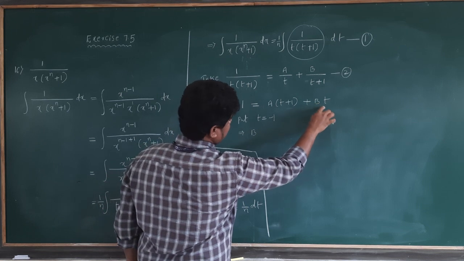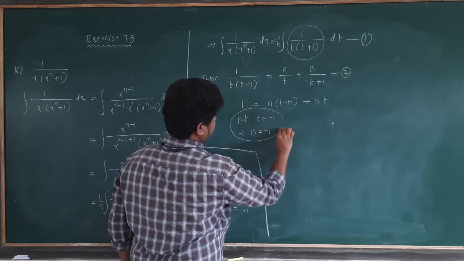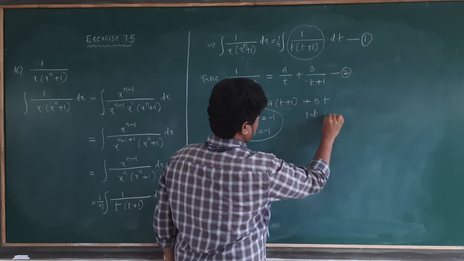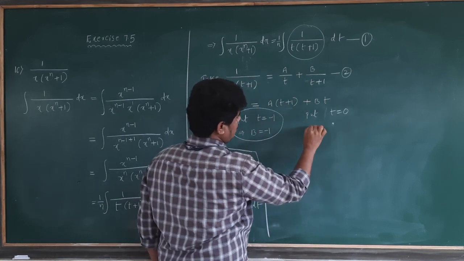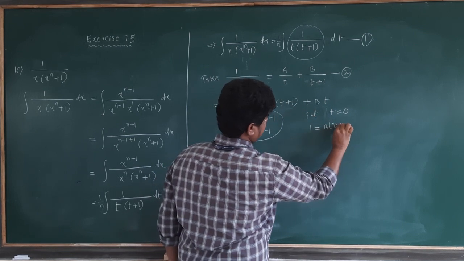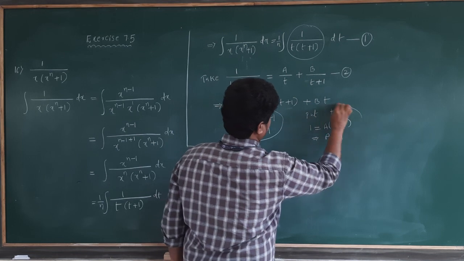B into minus 1, so B becomes minus 1. Next, put t equals 0. That time this one will become 0. So 1 equals A into 0 plus 1. Now A equals 1.